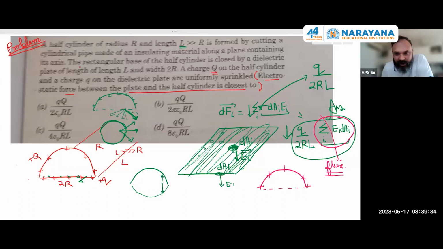To find the flux across this, I will cut a differential line element on the circumference, on the curved surface area of the cylinder. In 2D I'm showing you a point, but in 3D it's a line element. First of all, I'll find the flux because of this across the sheet.